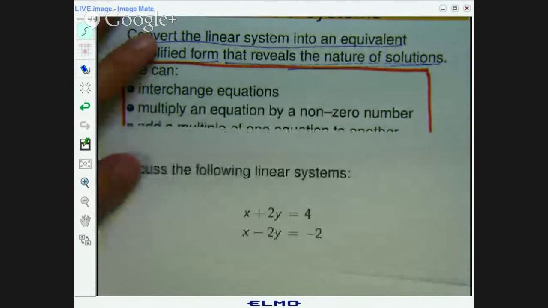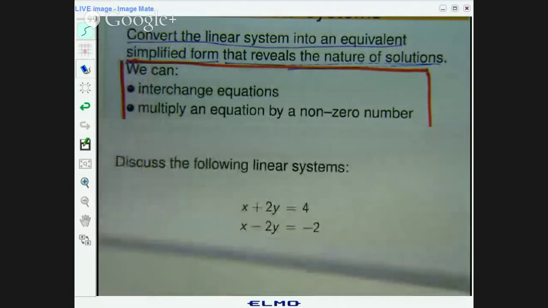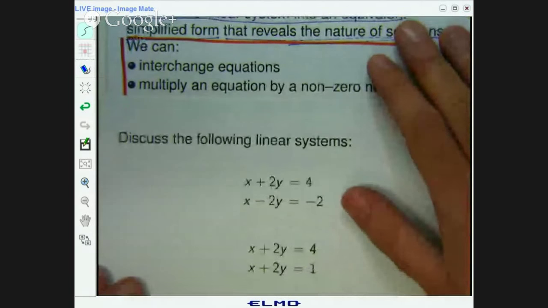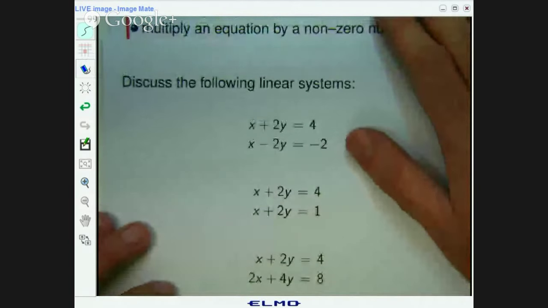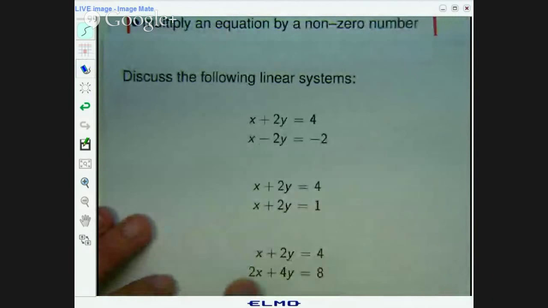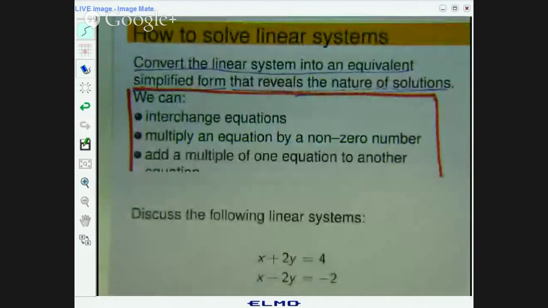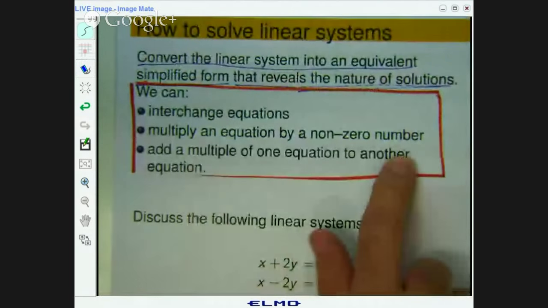You can multiply an equation by a non-zero number. So for example, down here, you could multiply that second equation by a half. It hasn't changed the structure of the solutions. And you can add a multiple of one equation to another equation.